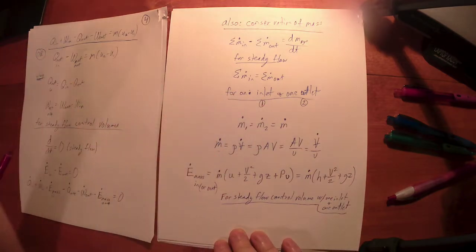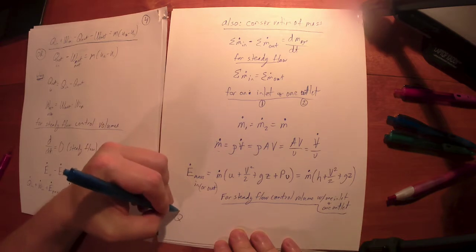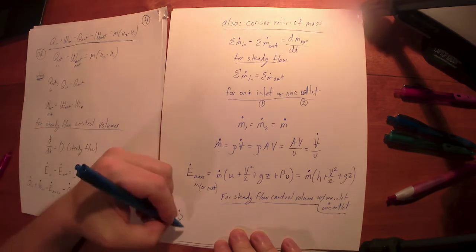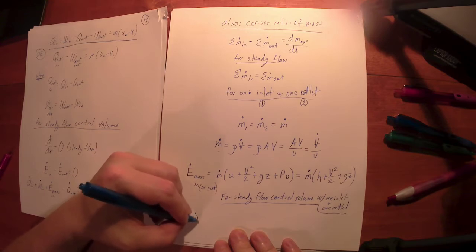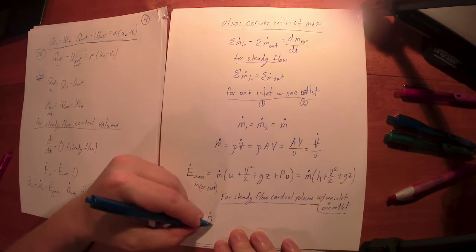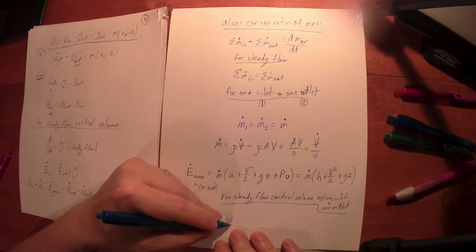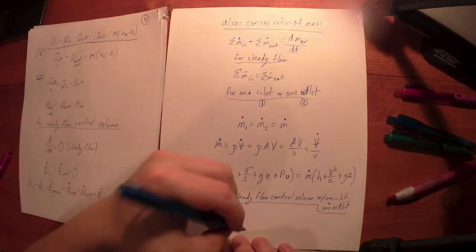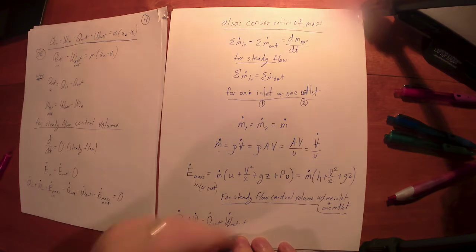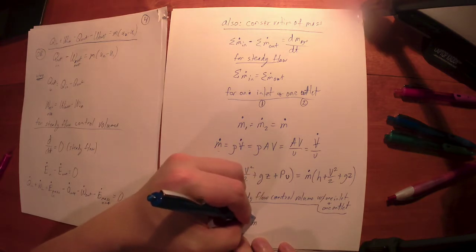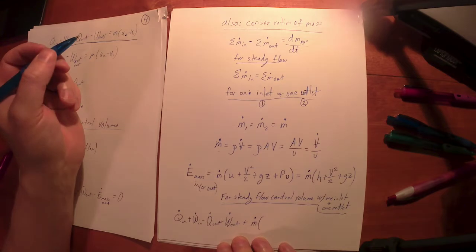If that is the case, then I can group these together. Let's just group them all up. We can rearrange these other power terms, as long as we preserve the sign. So I can say the heat rate in plus the power input minus the heat rate out minus the power output, plus, instead of saying E mass in minus E mass out, it's the same mass flow rate at both the inlet and the outlet.